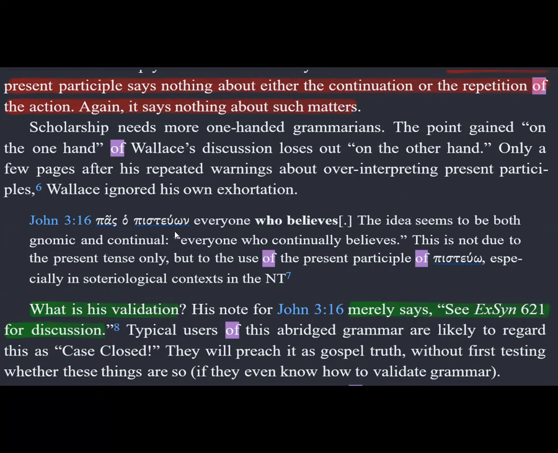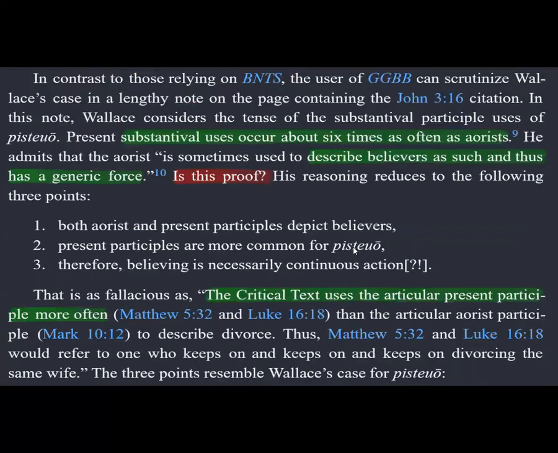He's quoting Wallace right here when Wallace is not following his own instructions. What is his validation? His note for John 3:16 says, see Exegetical Syntax 621. And so there's the six times the aorist, the generic force is this proof. There's the argument that we just saw a while ago.